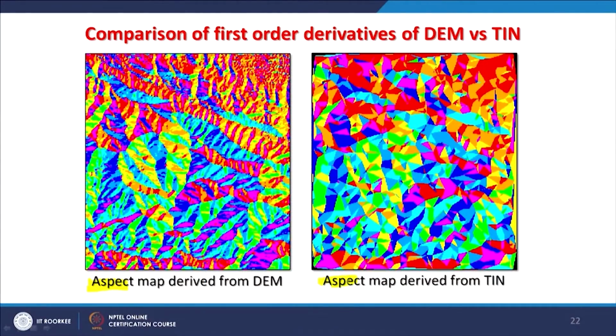Now the boundary issue will always remain. The same with the aspect: like slope, the derivatives are different, but the overall representation is almost the same as in raster, except that the units in a TIN are triangles. So therefore, that influence is always there. These triangles can be made smaller if we have a large or huge density of observation points which will be used to create a TIN.